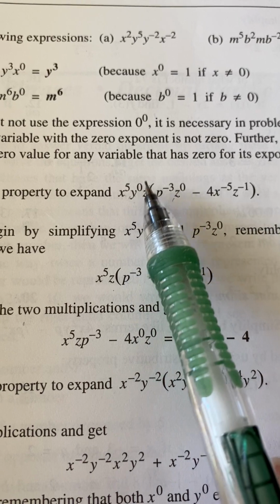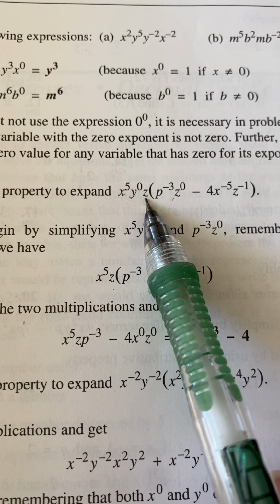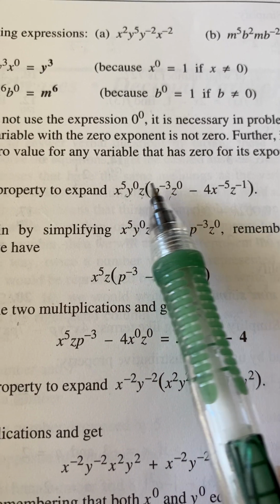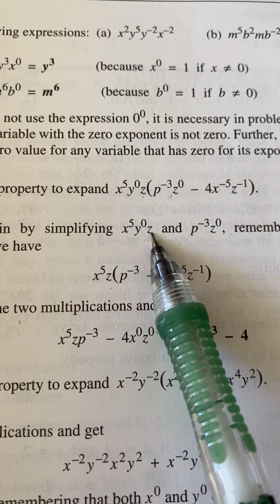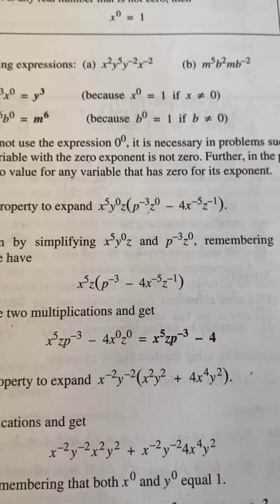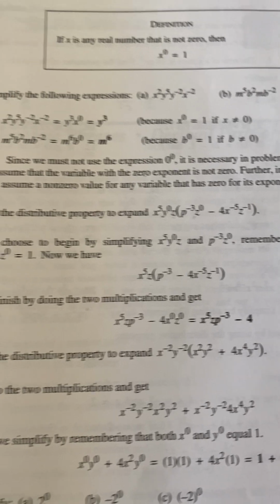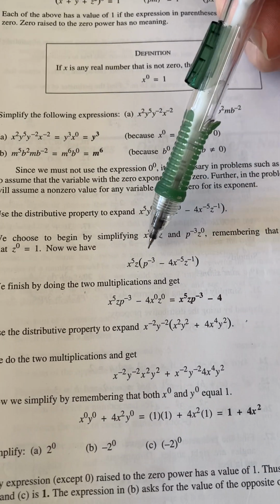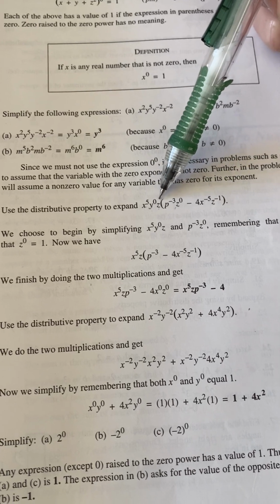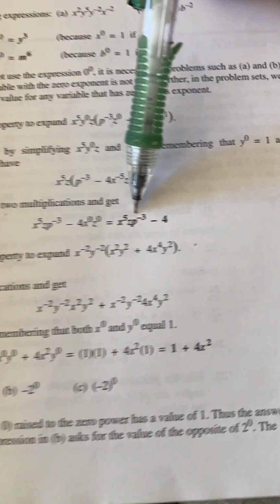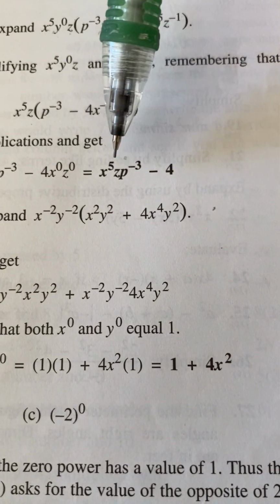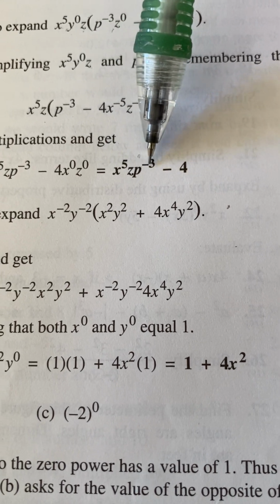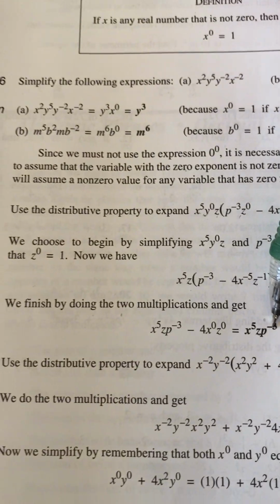Y to the 0 goes away. Z times z to the 0, 1 plus 0 is 1, so we have a z to the 1, and then we have a p to the negative 3. Let me see where the answer is for this one. Okay, here it is all the way down here. X to the 5, z to the 1, p to the negative 3.